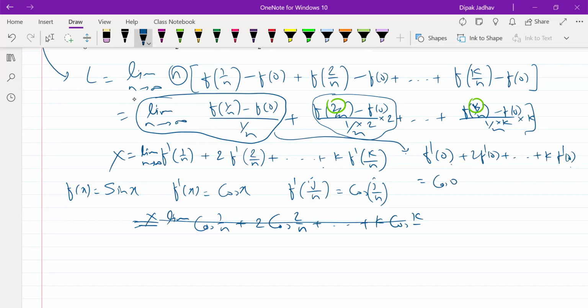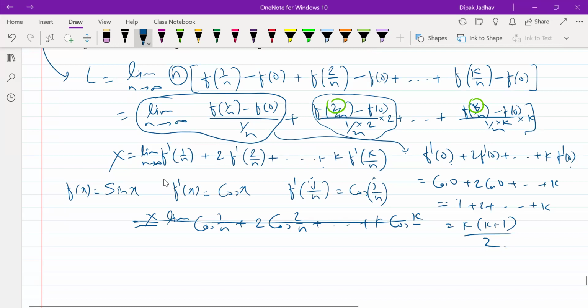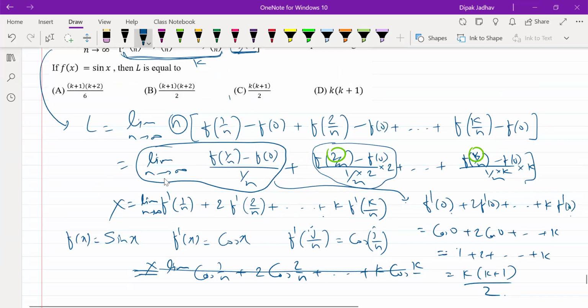So this will be cos 0 plus 2 times cos 0, and cos 0 is 1. So it is 1 plus 2 plus up to k, so that is k into k plus 1 by 2. That's the answer. Is it okay? Yes, sir.